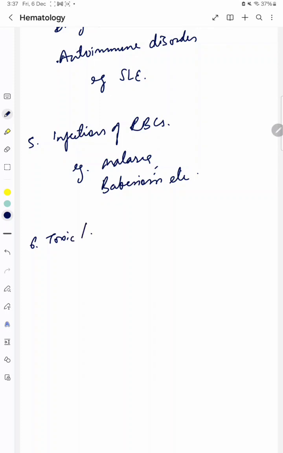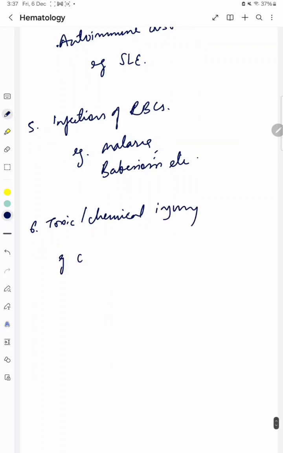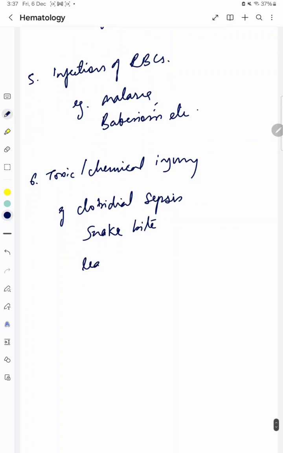Toxic and chemical injury can also result in increased RBC destruction, as in clostridial injury or clostridial sepsis, snake bite, lead poisoning.